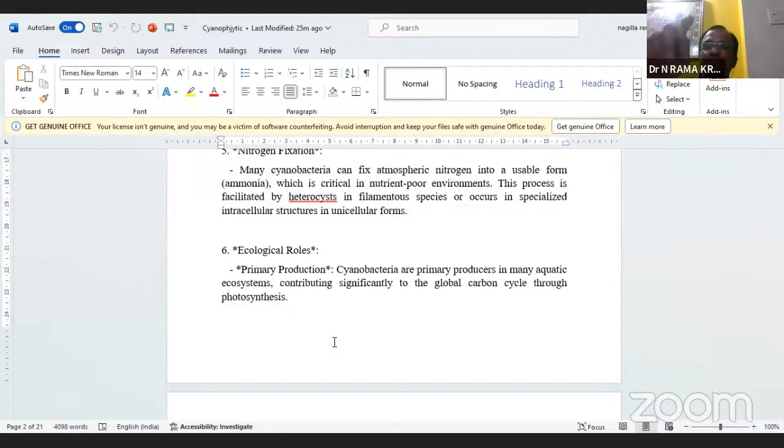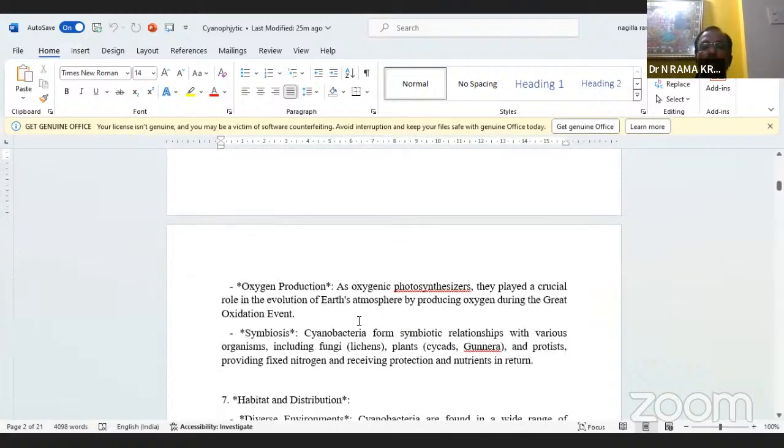There is nitrogen fixation, and the global carbon cycle through photosynthesis. And next, the cyanophytic bacteria produce oxygen. The photosynthesizers played a crucial role in Earth's atmosphere by producing oxygen during the Great Oxidation Event. That's why cyanobacteria also play a major role in the environment.